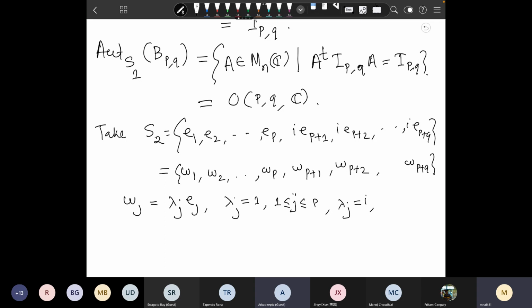So lambda j is equal to i for j greater than or equal to P plus 1.